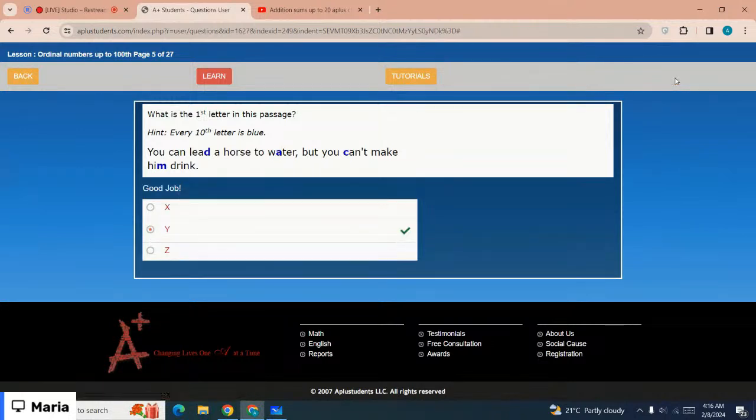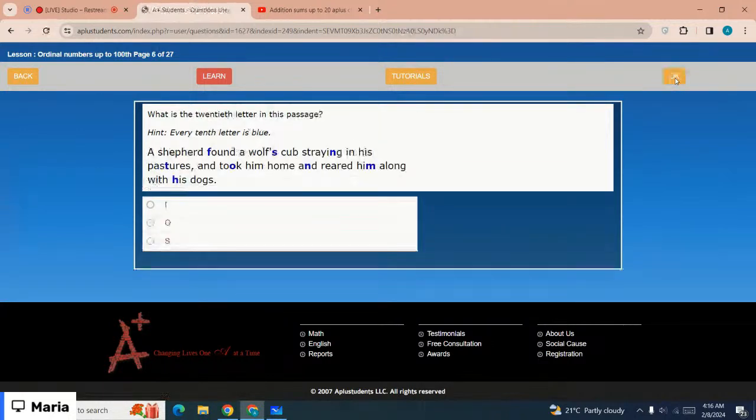Okay, the next one is what is the 20th letter in the passage?